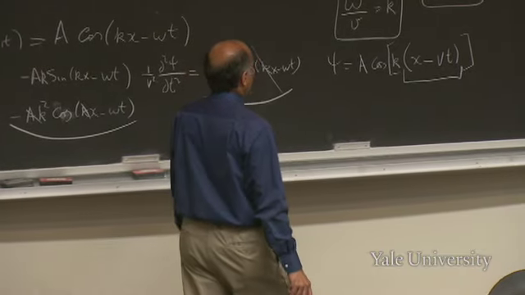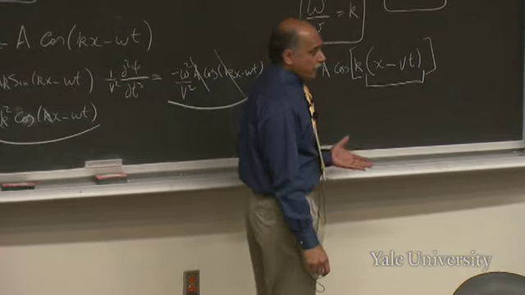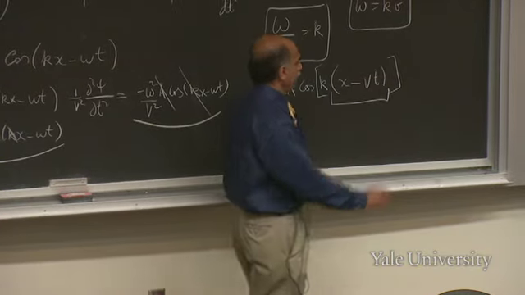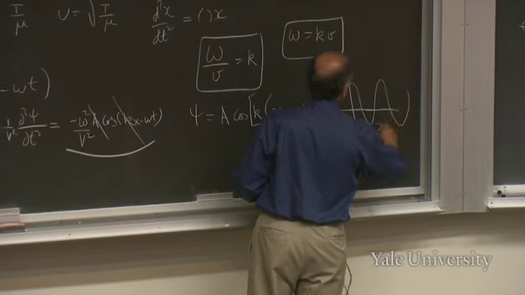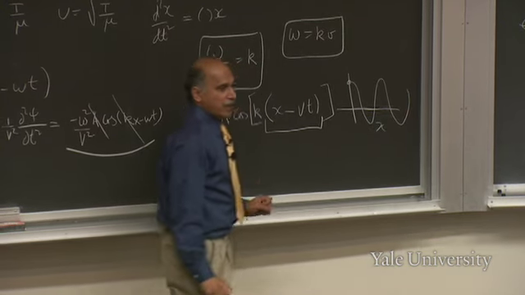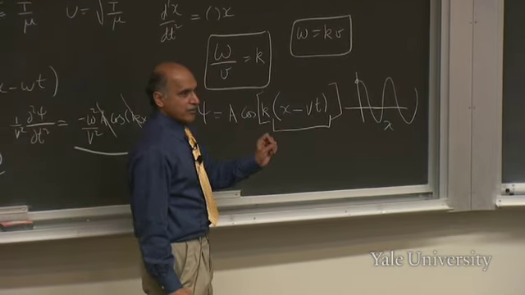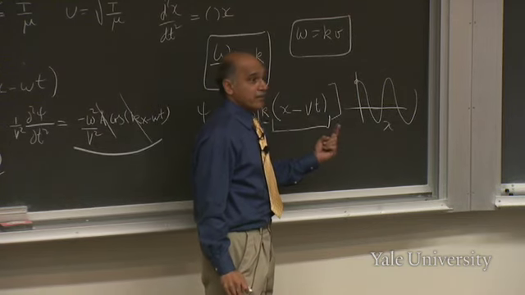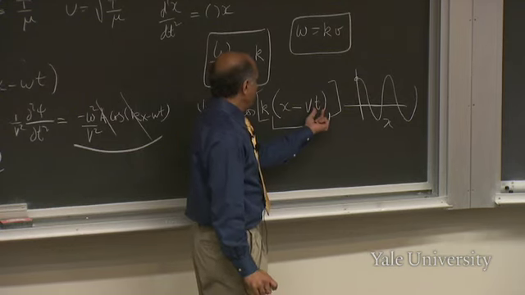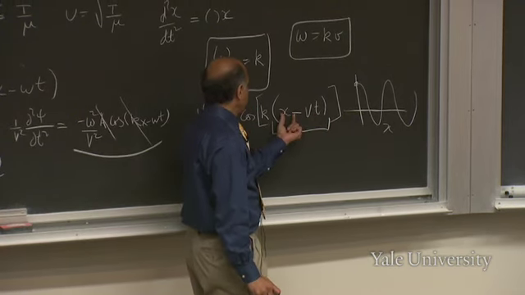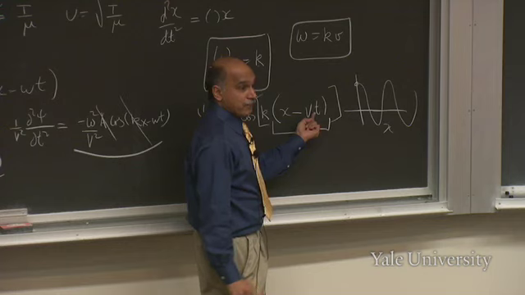Or maybe I'll give you one extreme example. At t equal to 0, it just looks like cosine kx, and we all know what cosine kx looks like. It's got a maximum at x equal to 0. If you wait a little longer, where is this maximum? A little later. If you increase time a little bit, you got to increase x a little bit so that these two still cancel each other.